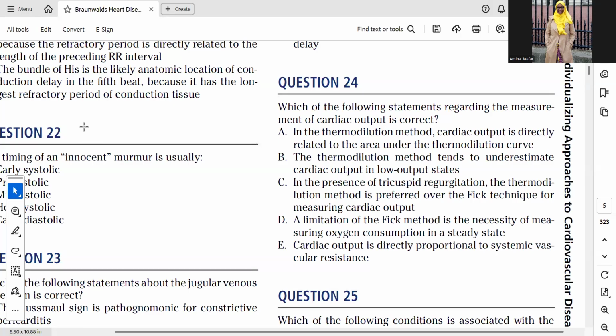The Fick technique uses Fick's principle. The principle states that the amount of substance taken up by an organ, in this case the human body, is equal to the product of the blood flowing through the organ in unit time and the arteriovenous difference of that substance. Here it is oxygen.